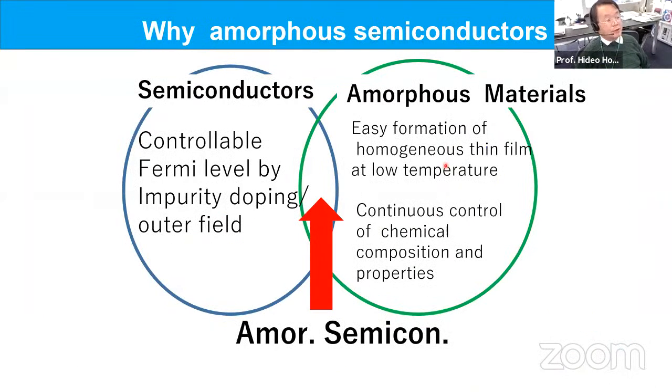Okay, the next subject is amorphous semiconductor. The essence of semiconductor is controllability of the Fermi level by impurity doping or the outer field. The amorphous material has a large advantage over the crystalline material in the process, that is to say, easy formation of homogeneous thin film at room temperature, and the continuous control of the chemical composition and the property are possible.